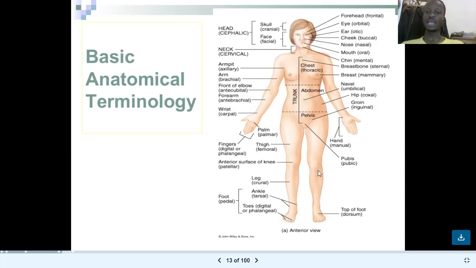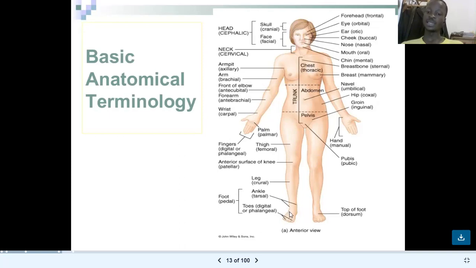Then these are the lower limbs, and these are the upper limbs. The lower limbs, just like the upper limbs, will be divided into the thigh region, the leg region, and the foot region. Similarly, in your upper limb, you're going to see the arm, the forearm, and the hand, which will have a palmar surface, is this surface, and a dorsal surface.